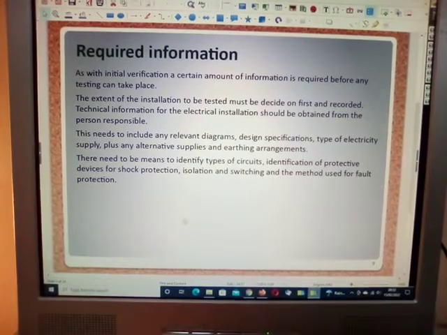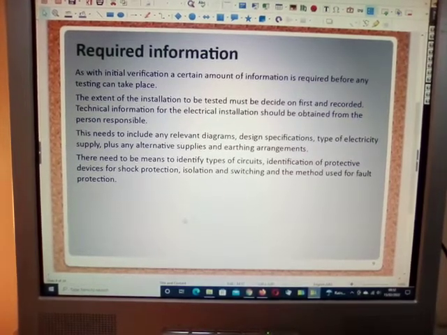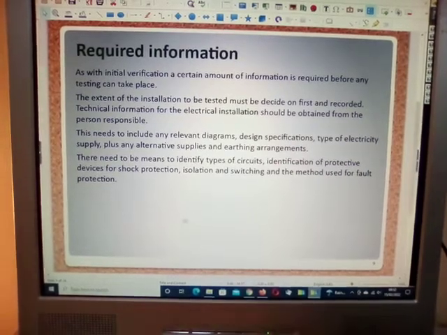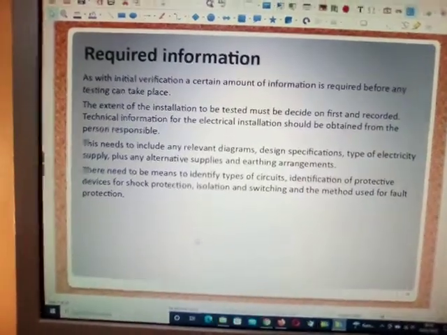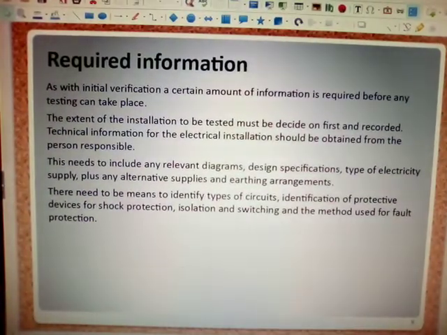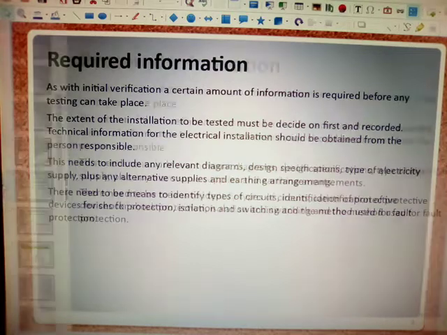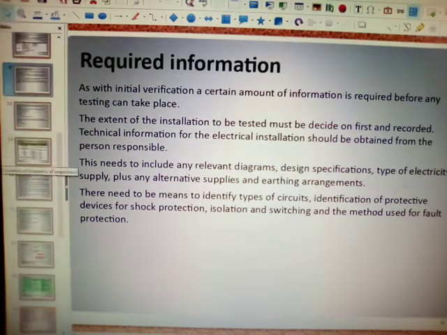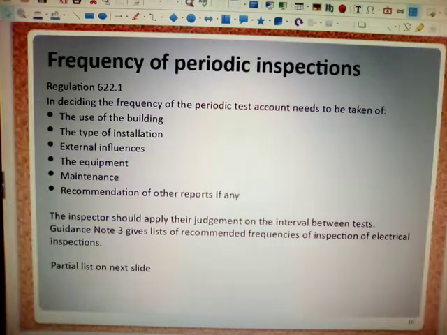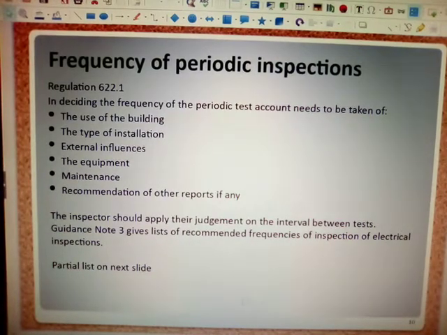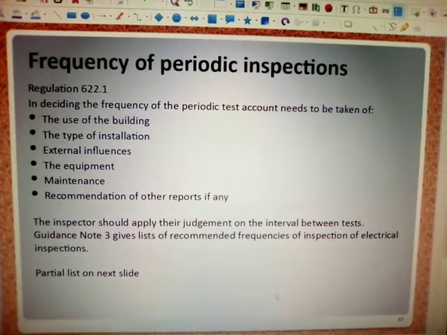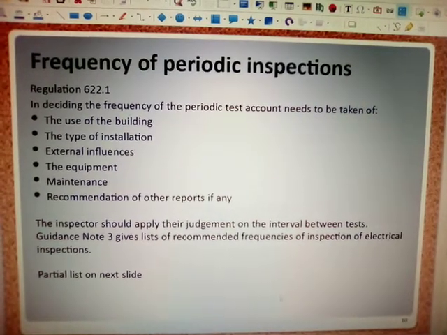Again, as with initial verification, a certain amount of information is required before any testing can take place. And here's what you also need to make sure you are compliant with the regulations at all times.